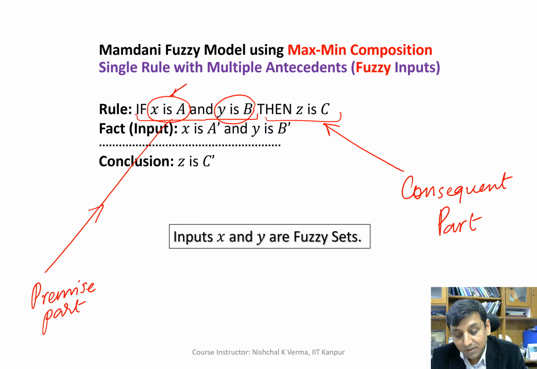So this is the first antecedent, and y is b is the second antecedent.